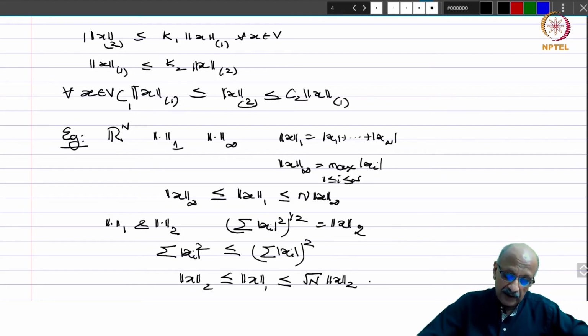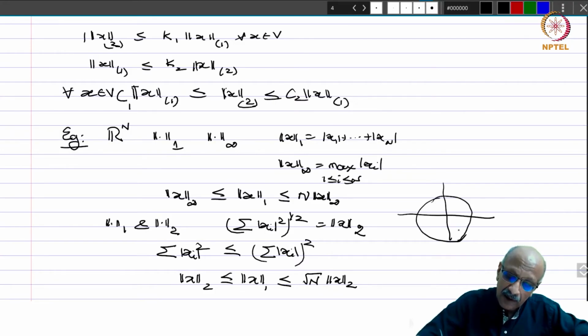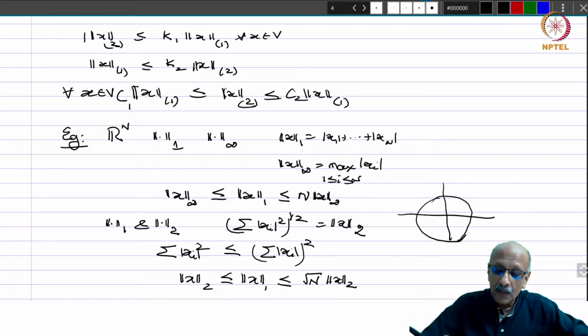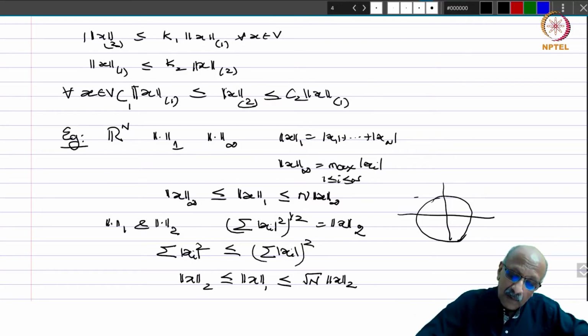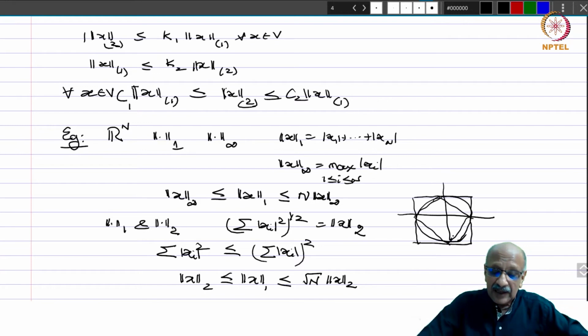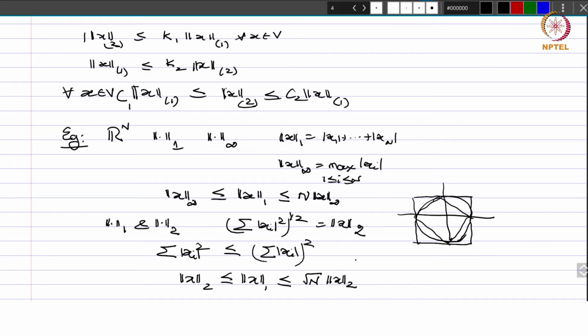So now, what is the usual topology on Rn? In the usual topology, a neighborhood is nothing but a ball, and this is given by the norm 2. So norm 2 gives you the usual topology, and therefore norm 1, norm infinity also give the same topology. We know that because the ball for norm infinity has the following shape, and the ball for norm 1 has the following shape, and therefore inside any ball of one of these three kinds you can put any other smaller ball at every point, and therefore the topologies are the same.